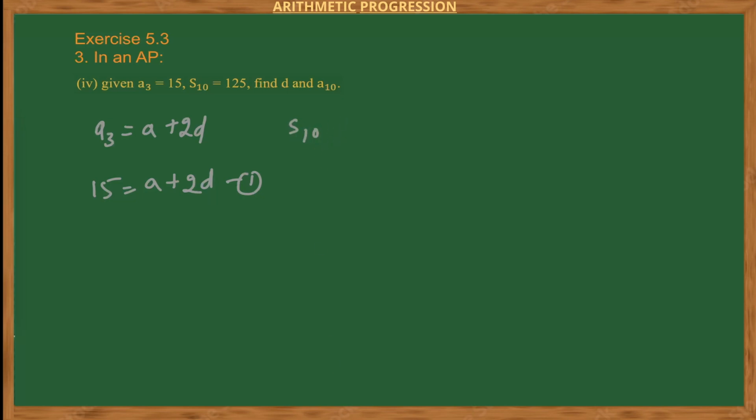Yeah, so we have the Sn formula, right? Sn is equal to n by 2 into A plus L. Can we use this formula? The last term is expected, which would be A10, but A3 is given, so we need to use the other formula.